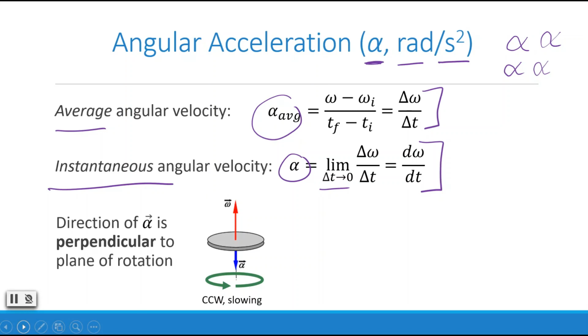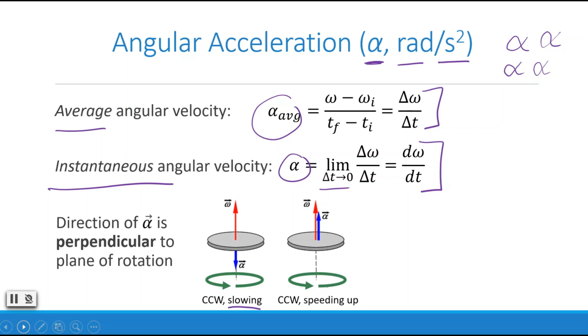For example, if I have an object moving counterclockwise, my angular velocity would be pointing up. If you curl your fingers around, my thumb's going to point up the page in that counterclockwise direction. So if I'm slowing down, then my angular acceleration has to be in the opposite direction, so it would point down.